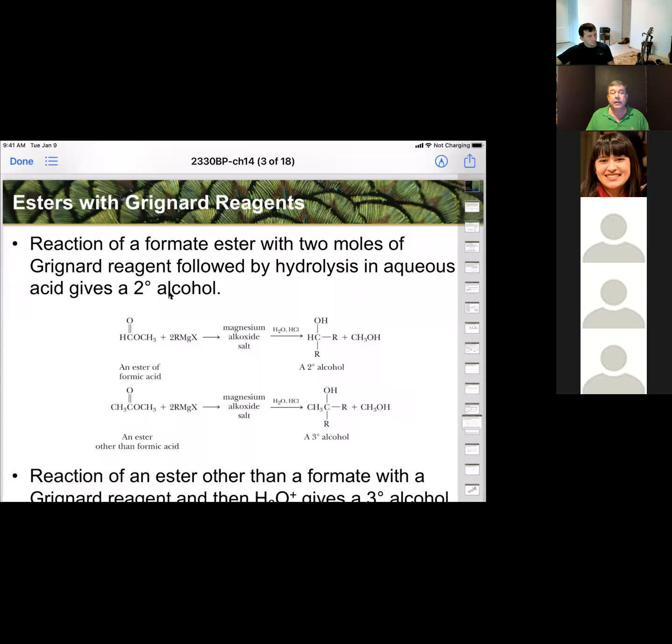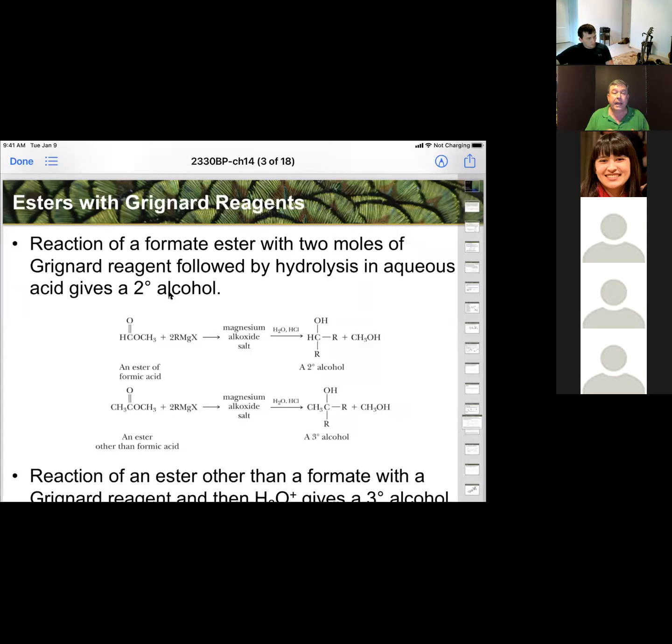Well, it turns out if you just have one Grignard, it's going to remove the alcohol of the ester, and then it's going to reform the carbonyl because the alkoxide is the weaker base. So if it reforms that carbonyl, it can still react with the Grignard and react to form another.